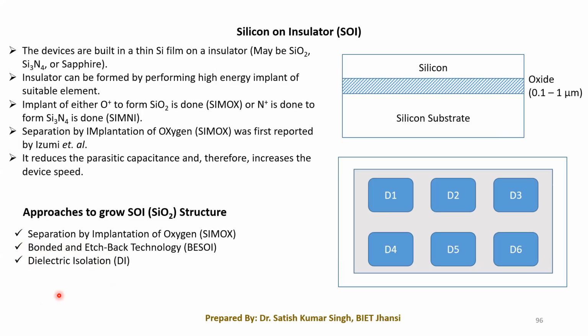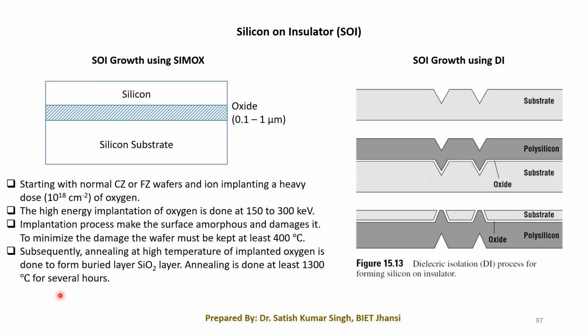In SIMOX, first of all we take the silicon substrate, normally from the Czochralski crystal growth we studied so far, or the float zone method. We take wafers of a particular doping, P type or N type as per our requirement, and then we implant oxygen ions.